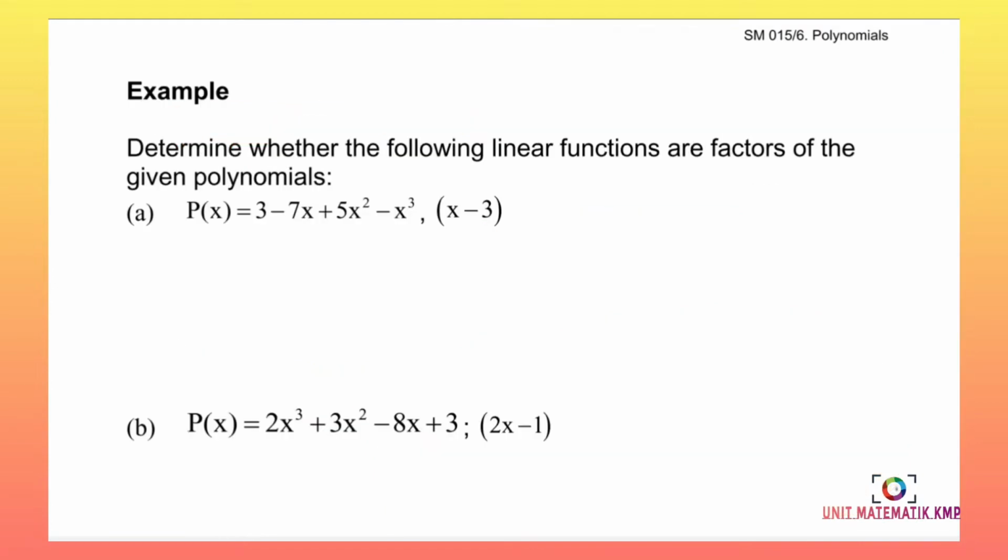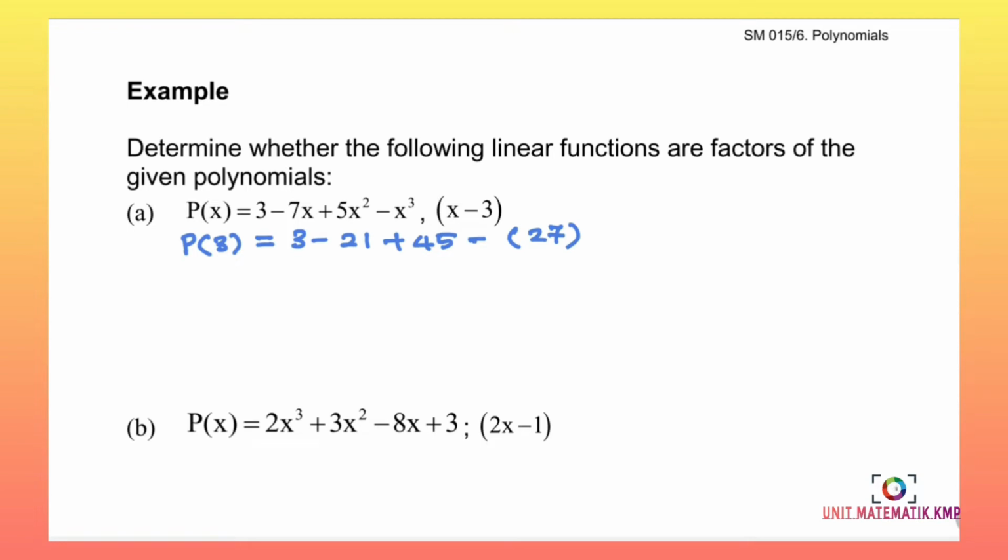Okay, let's see the first example. Determine whether the following linear functions are factors of the given polynomials. We are given x minus 3, so we just substitute x equal to 3. On the right hand side, 3 minus 21 plus 45 minus 27.